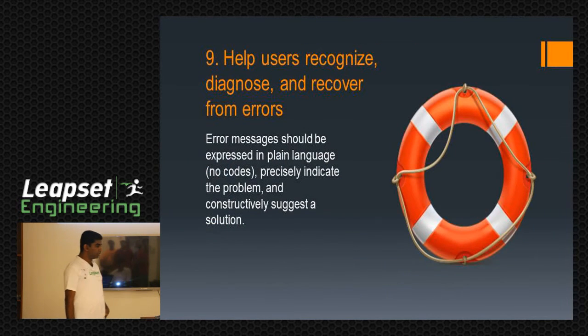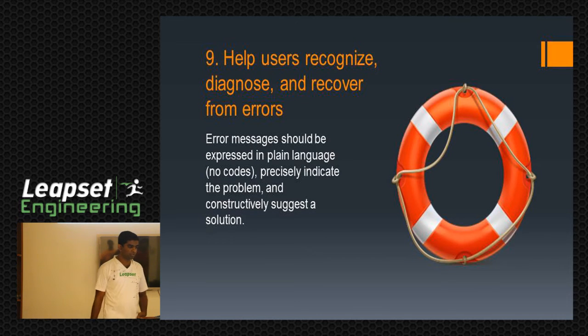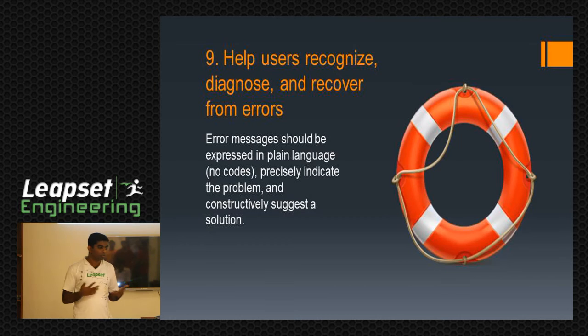So the ninth principle is help users recognize, diagnose, and recover from errors. What if your user did something wrong? Is it permanent, or can he recover from that mistake?